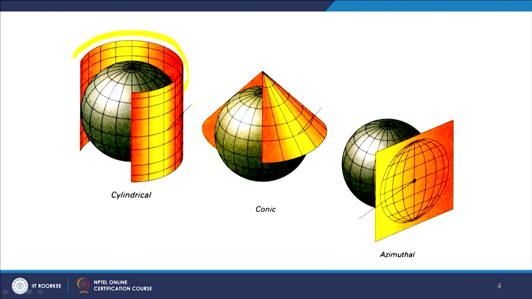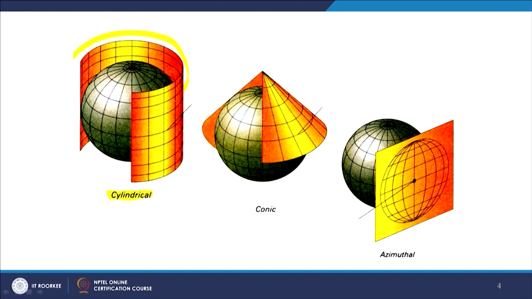How we keep the paper over the globe depends on where my country is located. If my country is located near the equator, then I can get the true shape of my country, and consequently a true size as well.